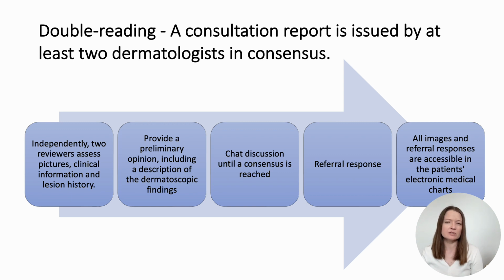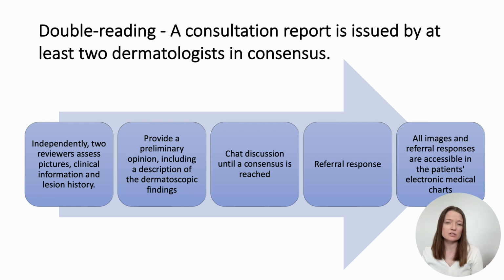During the double review process, 2 reviewers assess the case independently. They examine clinical and dermatoscopic images and provide a preliminary opinion, including a description of the dermatoscopic findings. In the case of any doubts or questions, the reviewers engage in a chat discussion until a consensus is reached.